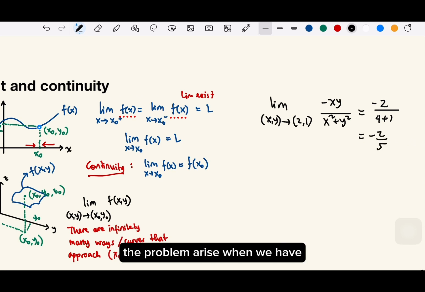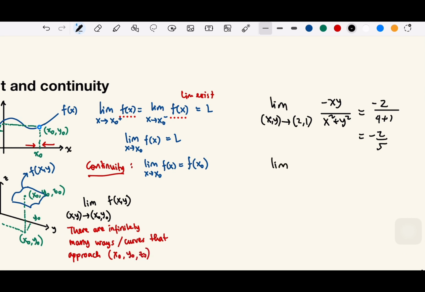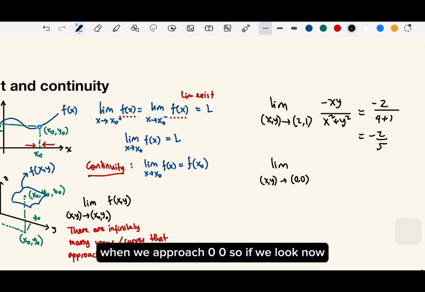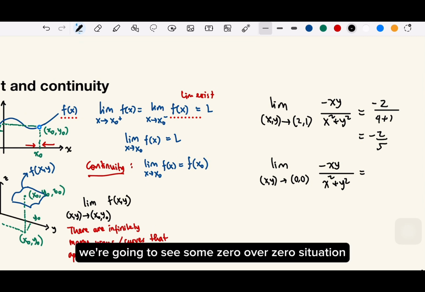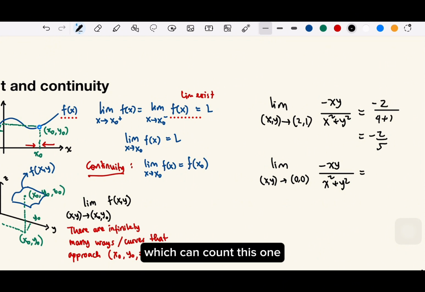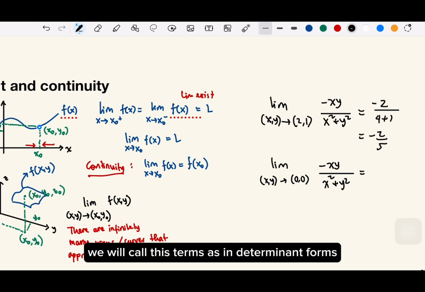Now the problem arises when we approach 0, 0. So if we look now, if we plug in 0, 0 to the system, we are going to see some 0 over 0 situation, which in calculus 1 we call these terms indeterminate forms.